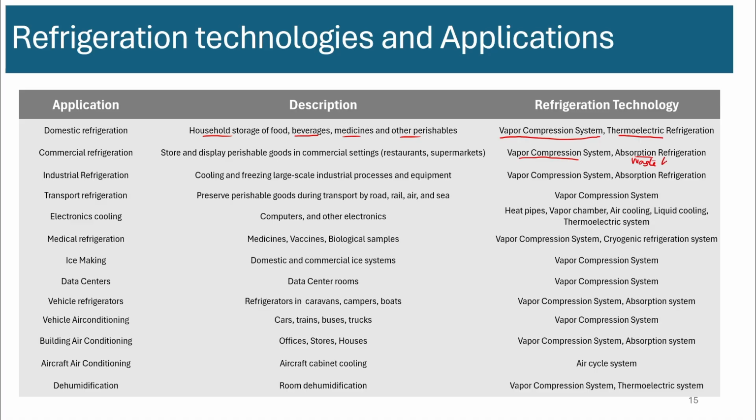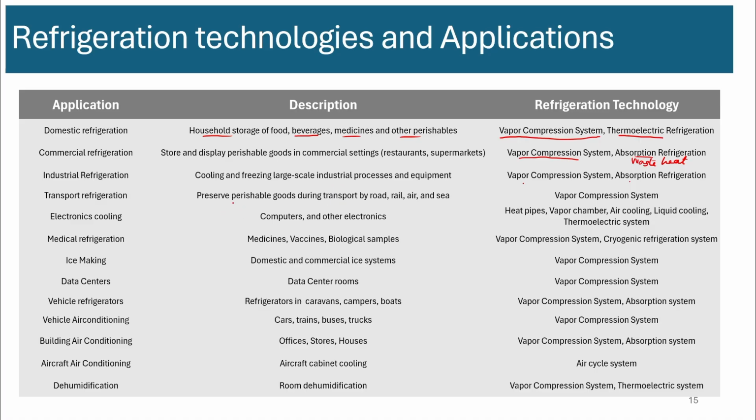The same goes for industrial refrigeration. The primary method is vapor compression, and if there is waste heat available from a generating plant, then absorption refrigeration can be powered using that. So basically, industrial refrigeration is for cooling and freezing large-scale industrial processes or equipment.